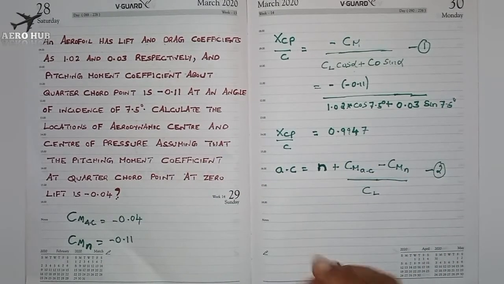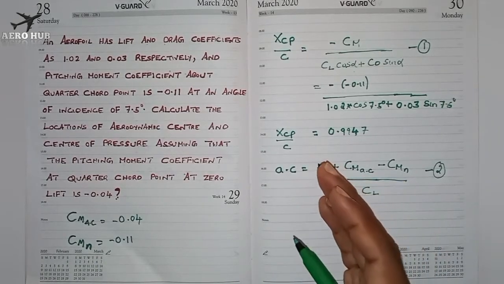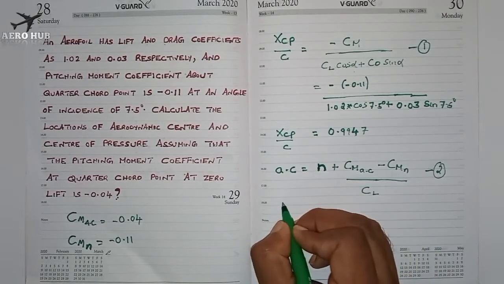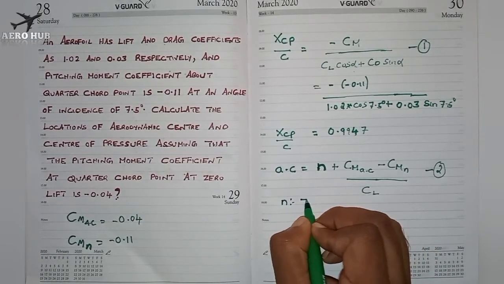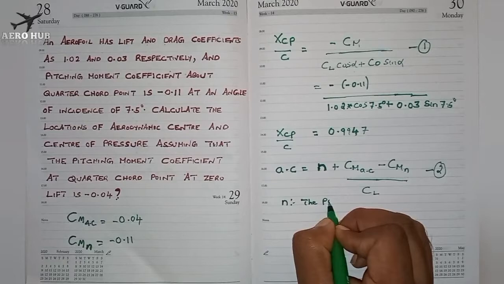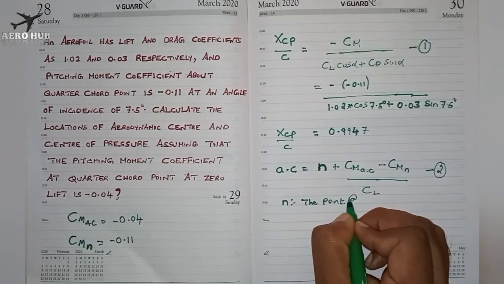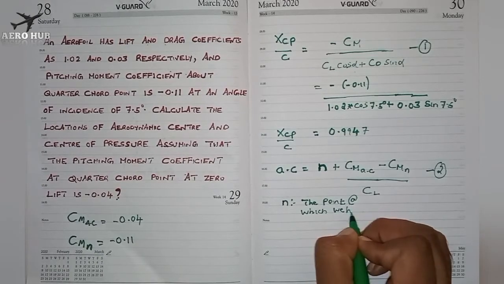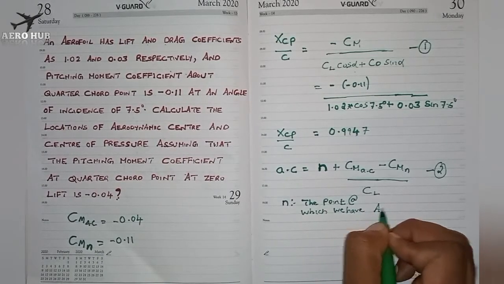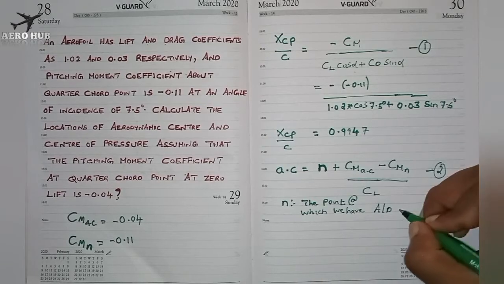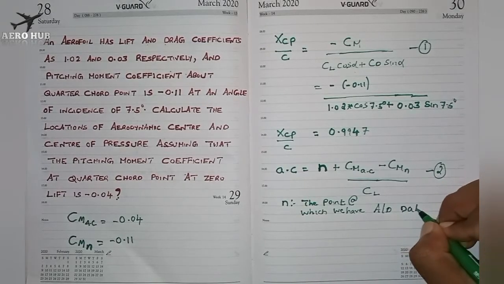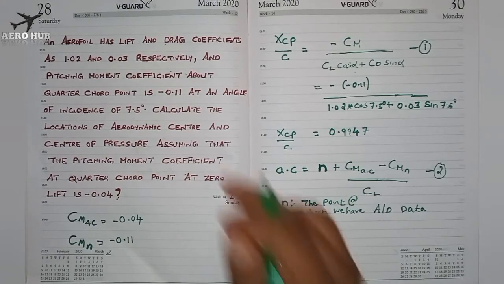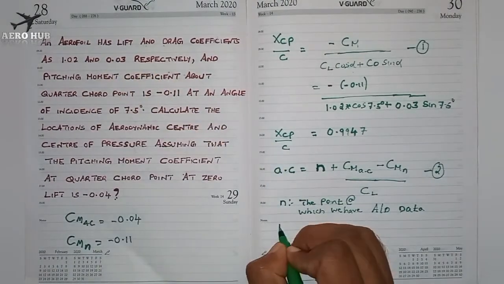Okay, N is nothing but the point at which we have the data of CL, CD as well as CM, that is, the aerodynamic data.